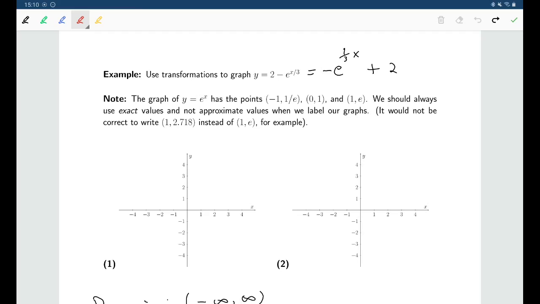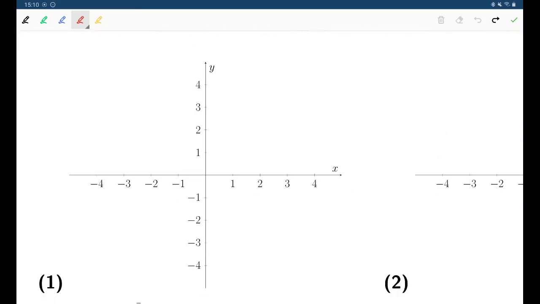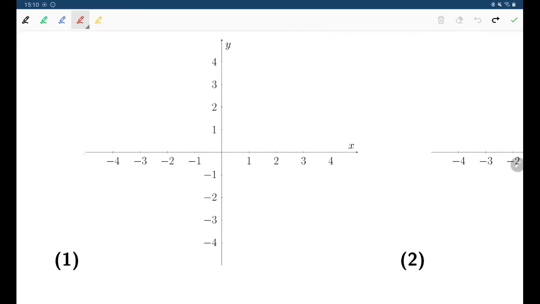So let's start with this first one that I'll graph, which is y equals e to the power of x. I already know that I'm going to have that horizontal asymptote of y equals 0, so I'll fit that in. I've got the point 0, 1. I've got the point 1, e. e is just a little bit shy of 3. And I've got the point -1, comma 1 over e.